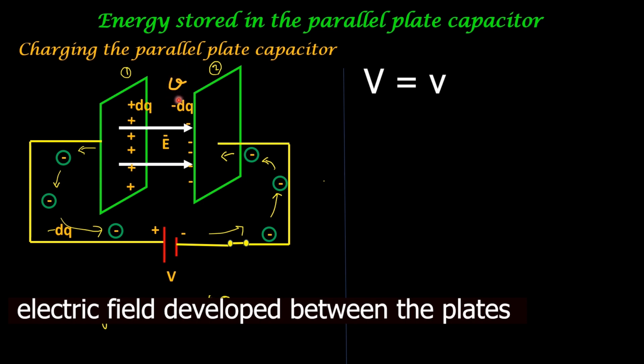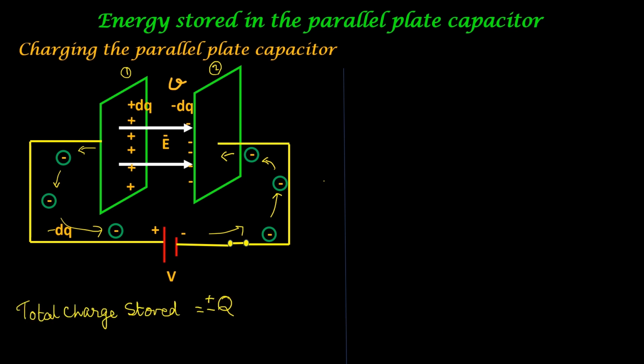That is, the capital V becomes equal to small v. At this point, the maximum number of charges have been transferred and the battery cannot move further charges from plate 1 to plate 2. Charging is completed.